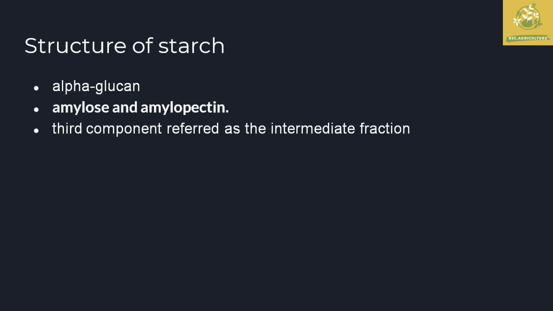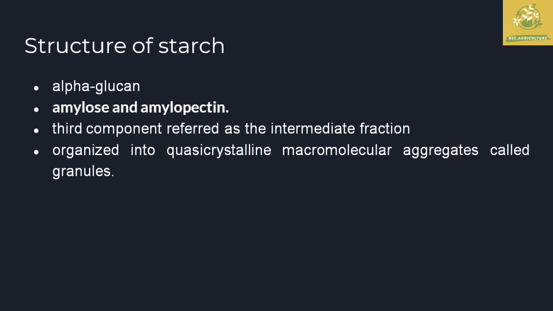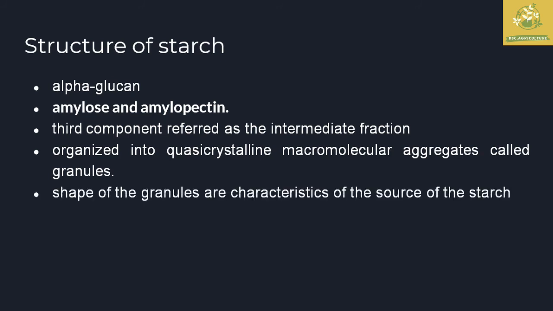The third compound refers to the intermediate fraction of the plant components, which is organized into macromolecular aggregates called granules. We can say this is the storage form of starch in plant bodies, where the shape of the granules is characterized by the source of starch present in the plant.